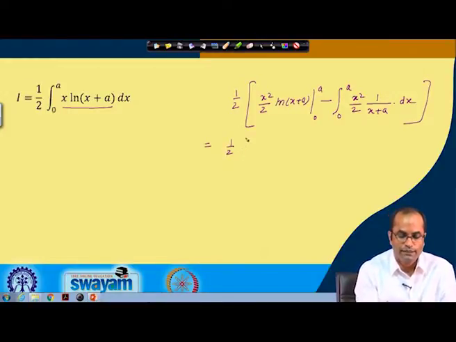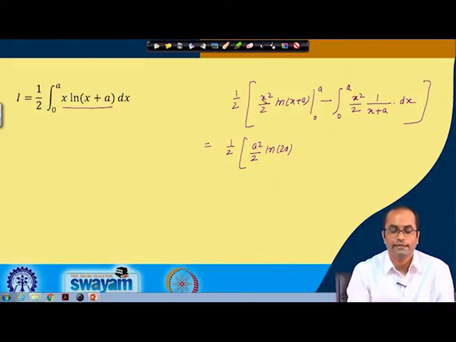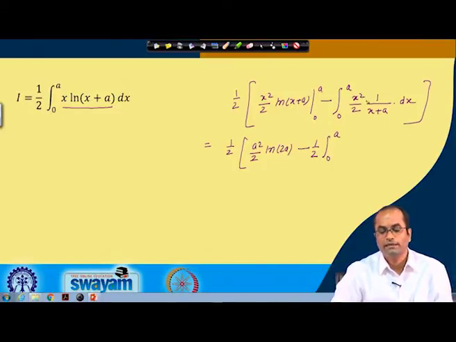So, half, and then upper limit x. So, a square by 2 and ln 2a minus this 0 because of this x, and then we have minus sign with half, and this 0 to a, this x square. So, I am adding here plus a minus a square and then plus a square.